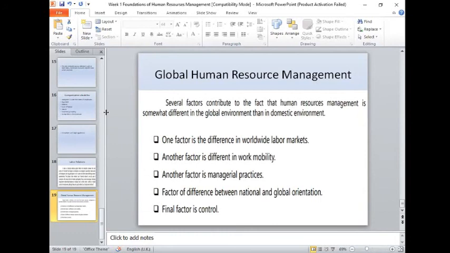So what's the difference? The first factor is the worldwide labor markets. If we talk about worldwide labor markets, there are a lot of people with different races, different cultures that consider the quality of work and the qualifications of the people who perform the job in the labor market. One example is the Filipino labor market. Why do many foreigners love the Filipino labor market?